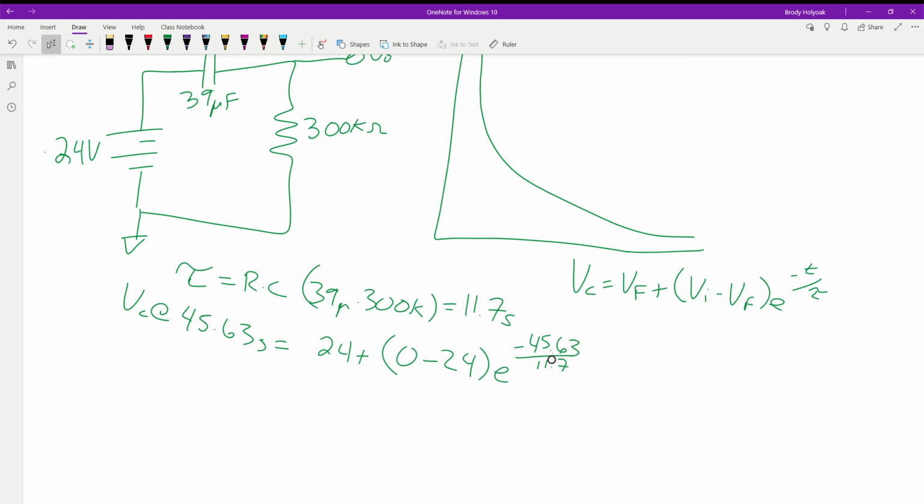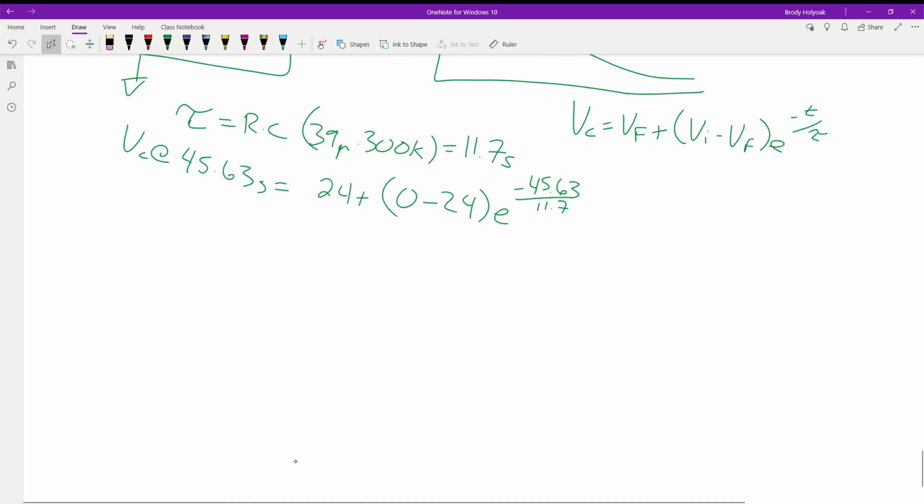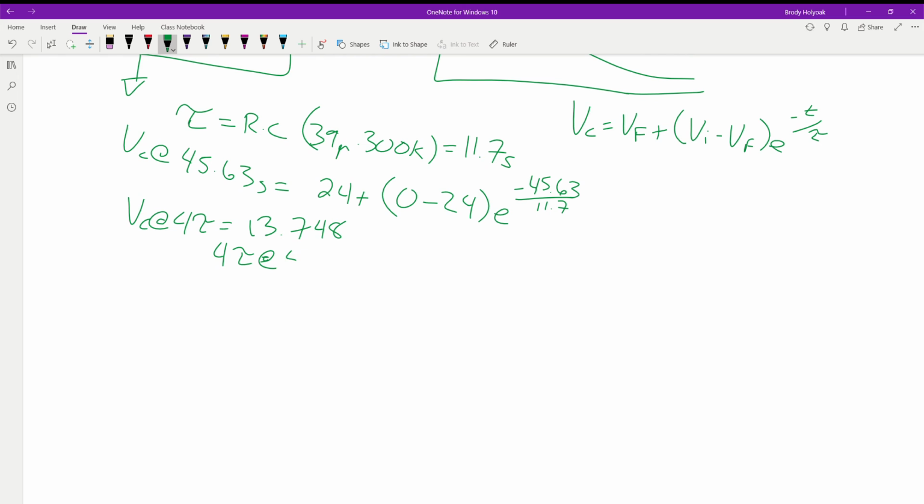We're not quite at 4 tau of time, so we're not going to be quite at this percentage of voltage. Okay? So when we plug this value in, what is it? So let's see, VC at 4 tau. I'm just going to put this in as a reference point. So we know we're slightly less than our time, so this voltage should be less. What is the voltage of my capacitor?